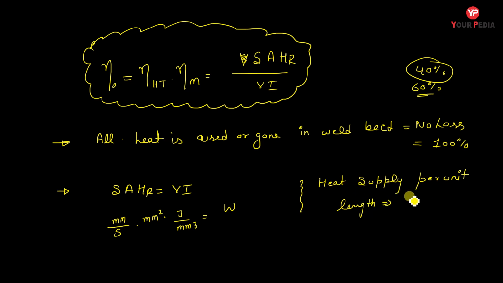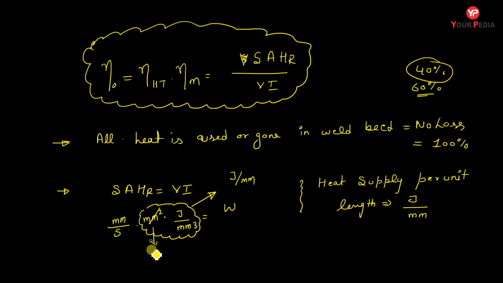The unit of heat is joule, per unit length, that is mm. So we have to calculate a quantity having unit joule per mm. If I consider only this quantity on this side and the remaining on the other side, the mm square cancels, giving the unit joule per mm.